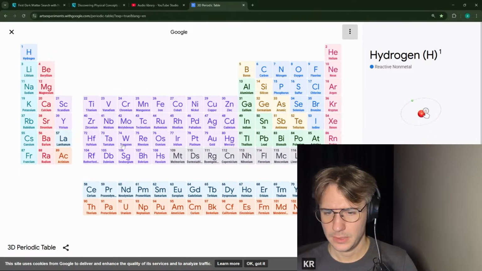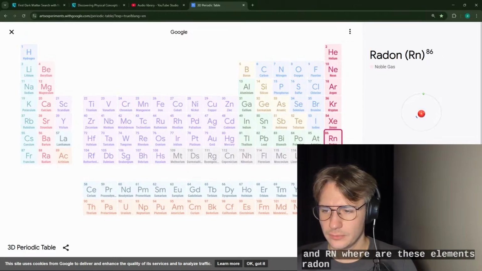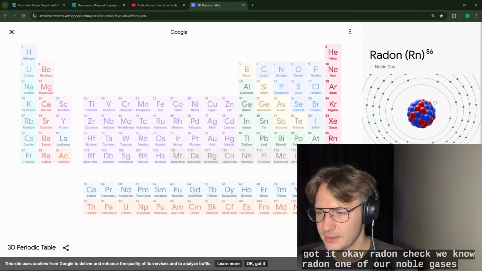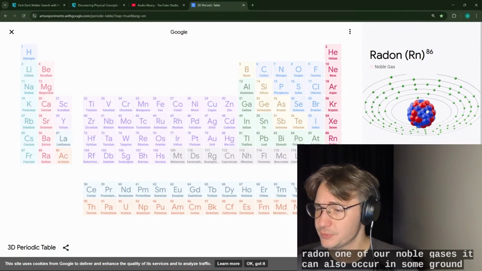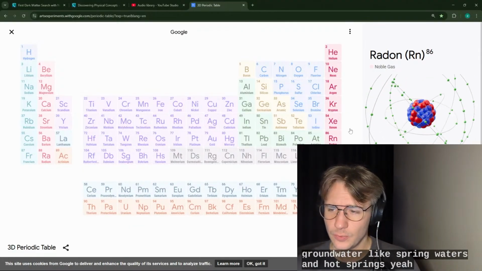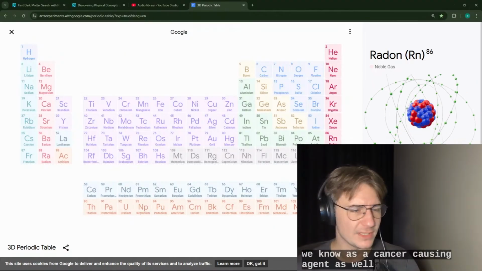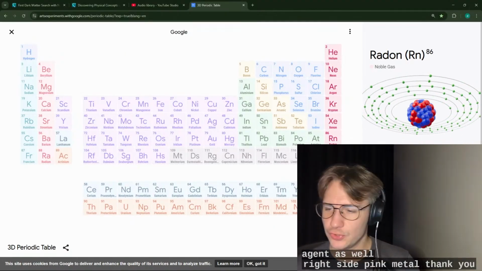KR and RN. Where are these elements? Radon. Got it. Okay, radon. Check. We know radon, one of our noble gases. It can also occur in some groundwater, like spring waters and hot springs, yeah. Radon we know as a cancer-causing agent as well. Right side, pink metal. Thank you, McMerlin. Yeah, we're doing this. We got it.